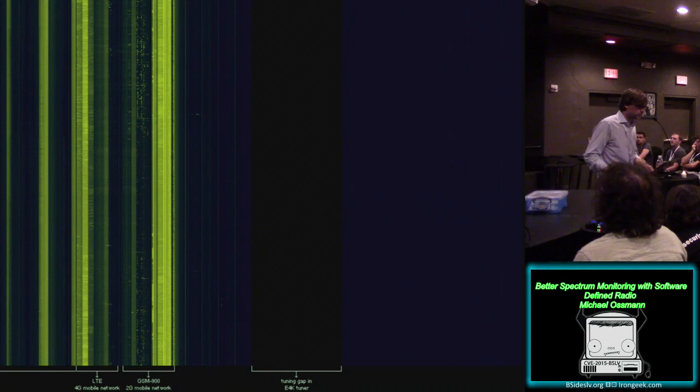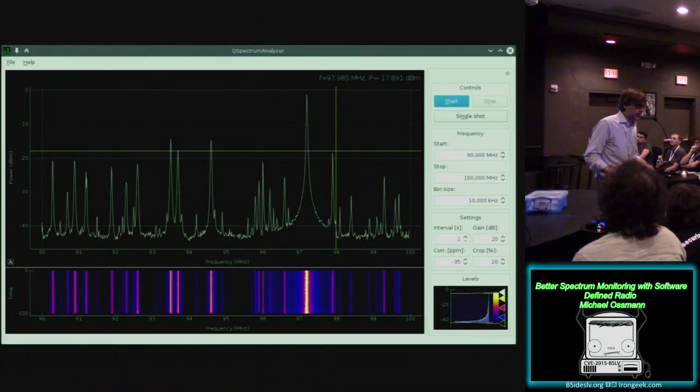Now, all of this is, and here's something that I actually don't know a whole lot about, but I found it online and I was like, wow, people ought to know about this. It's a spectrum analyzer software for SDR hardware.